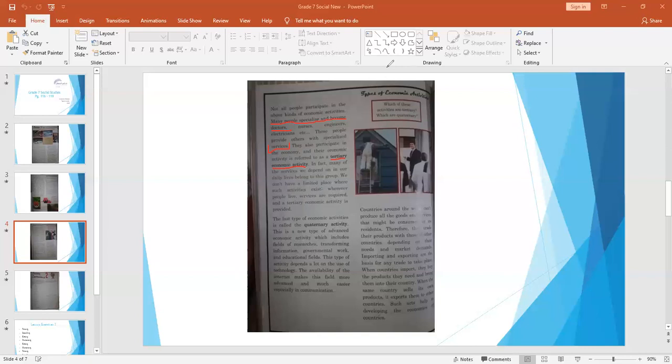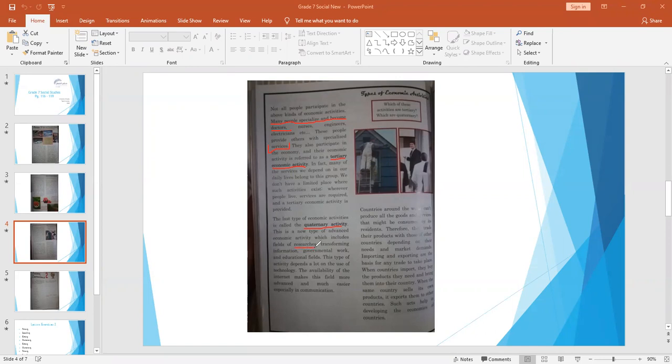Now, quaternary activity, this is a new type of advanced economic activity which includes fields of researches.